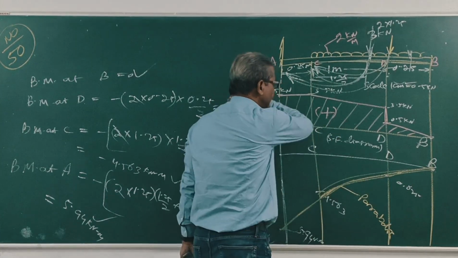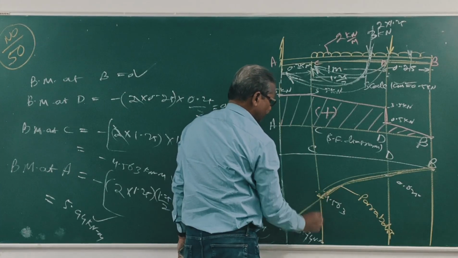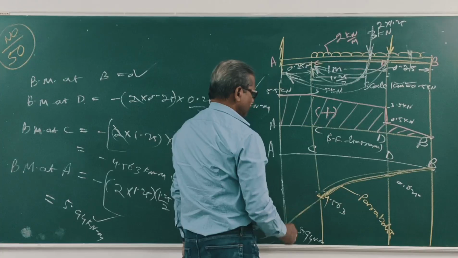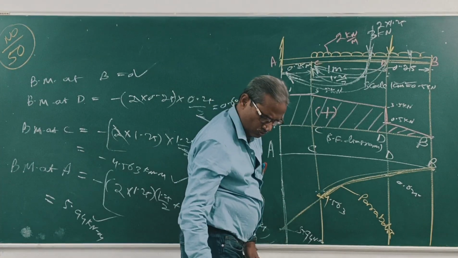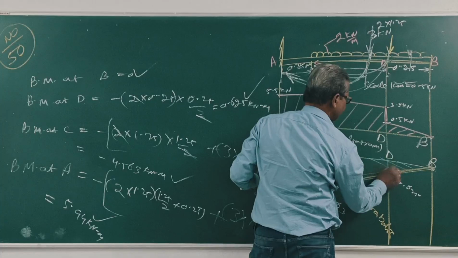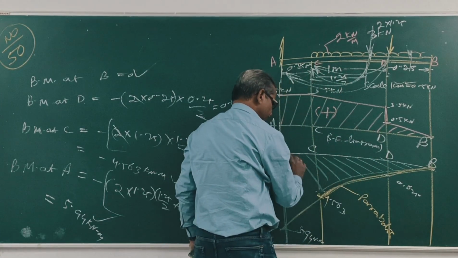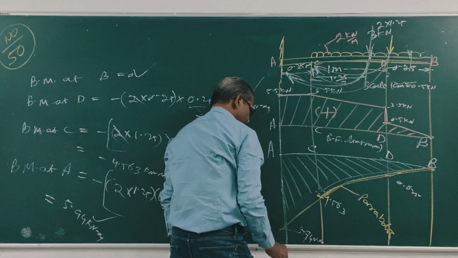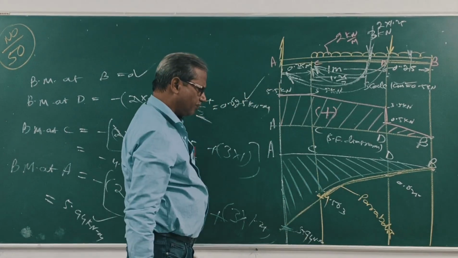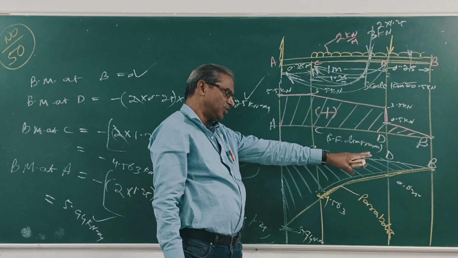This is straight line. 4.563, 5.94 kilonewton meter, 4.563, 0.625.